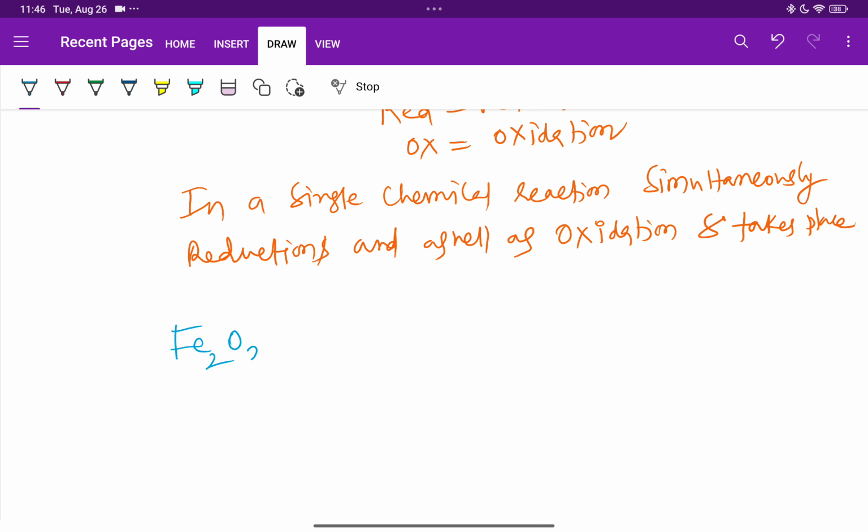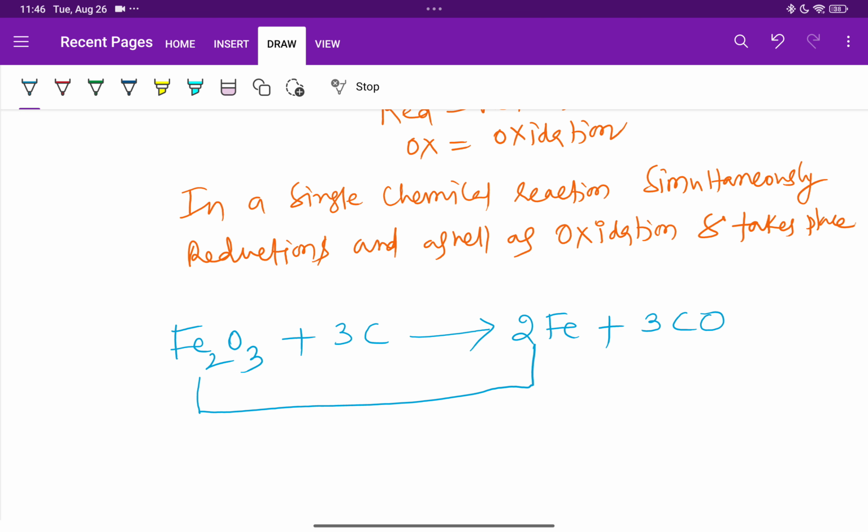Fe2O3, which is called ferric oxide, reacting with either carbon or carbon monoxide. So here Fe2O3 is converted into 2Fe and carbon is converted into carbon monoxide. So here iron oxide or ferric oxide is converted into iron, losing oxygens, which is called reduction.